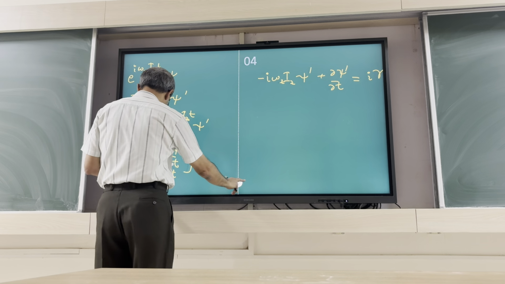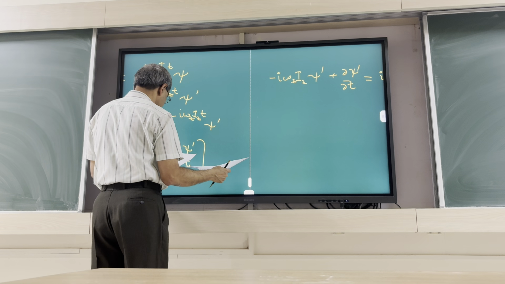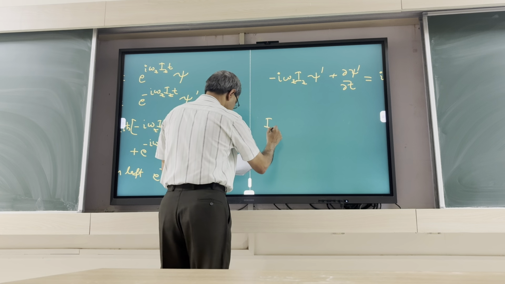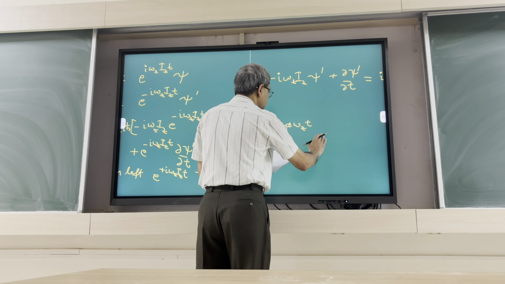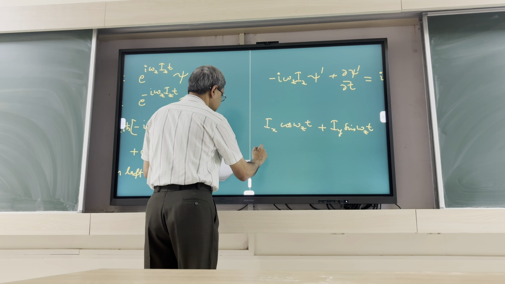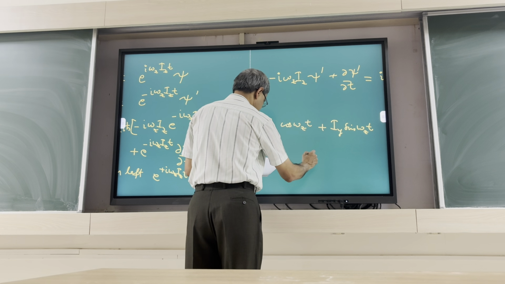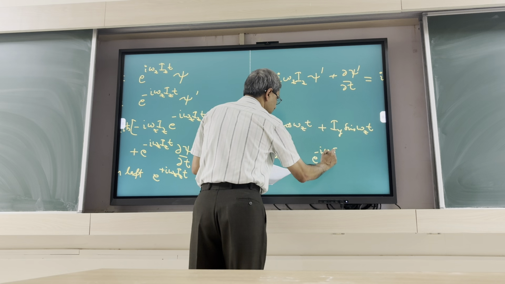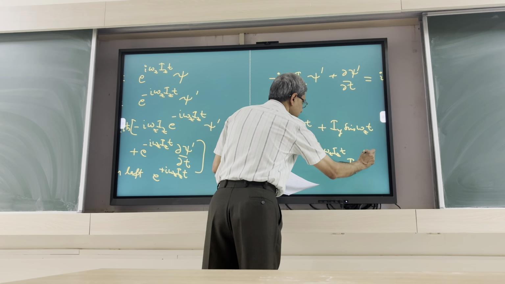You see, let me just write I x cos omega z t plus I y sin omega z t, which is of course I x prime, but also the same as e to the minus i omega z I z t I x e to the plus i omega z I z t.